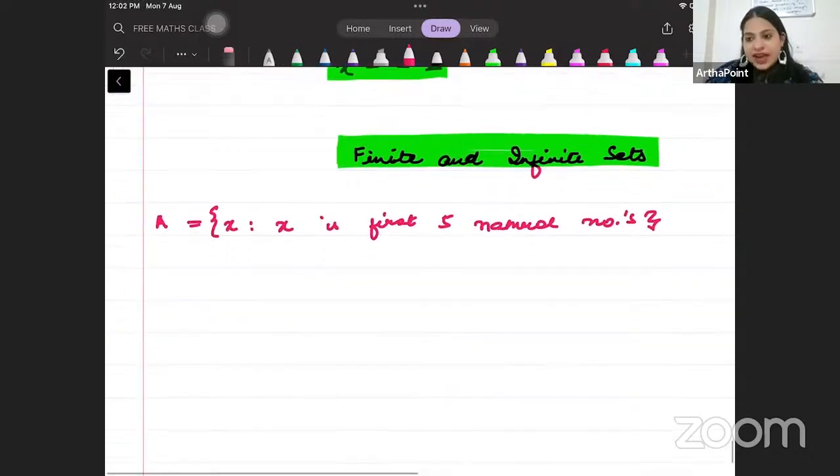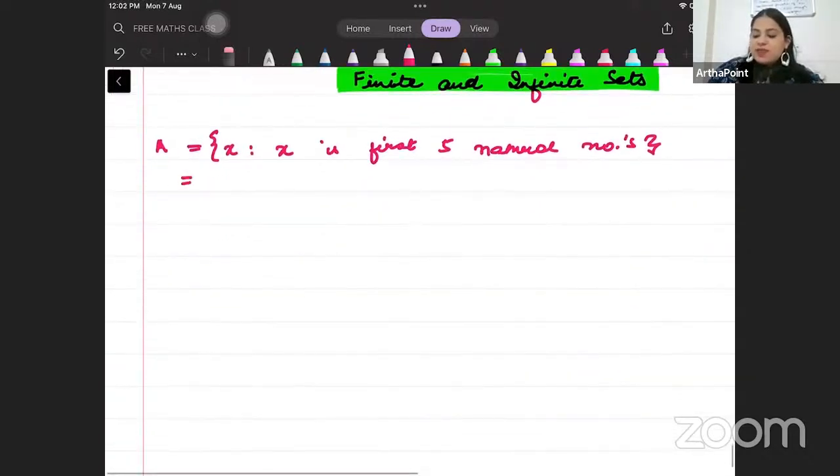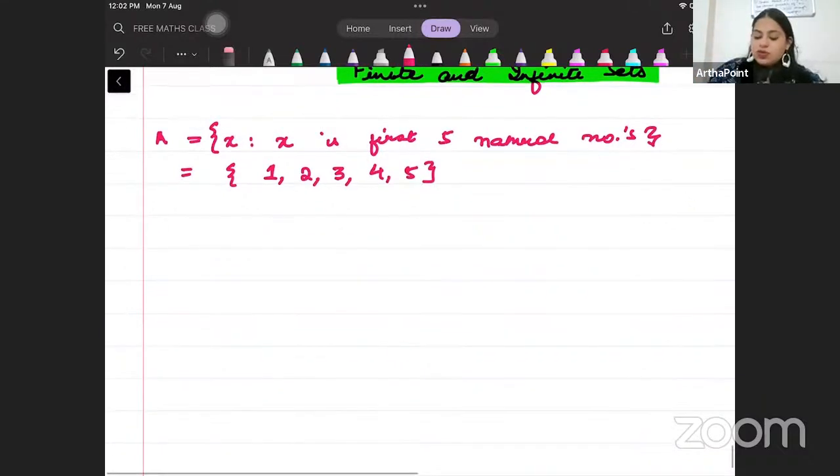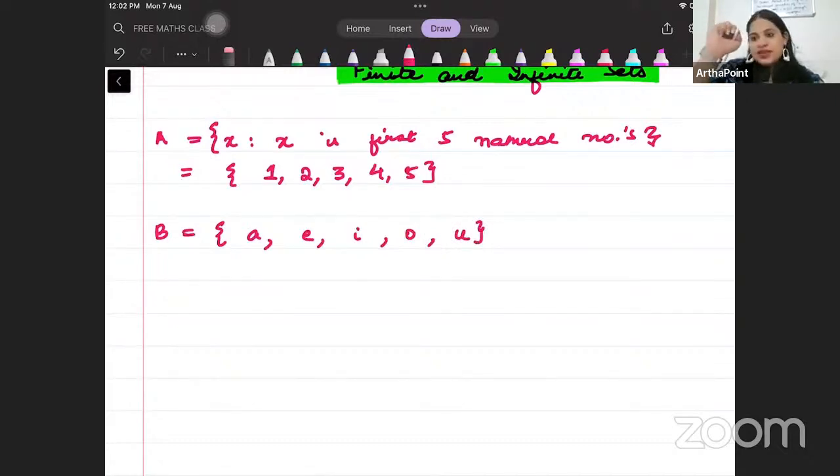So beta, this is a finite set क्योंकि x की सिर्फ पहले 5 natural numbers की ही value आएंगी: 1, 2, 3, 4 and 5. But when I talk about B, suppose vowels A, E, I, O, U, again beta, this is a finite set. ठीक है, तो A is a finite set, B is a finite set.